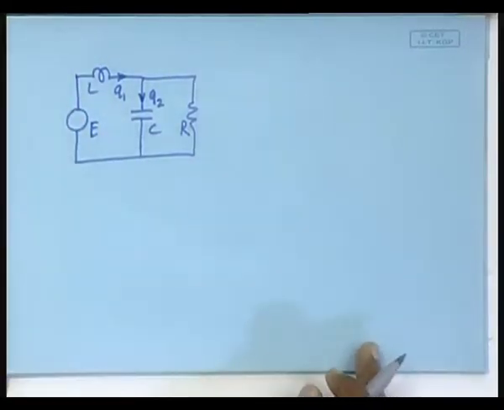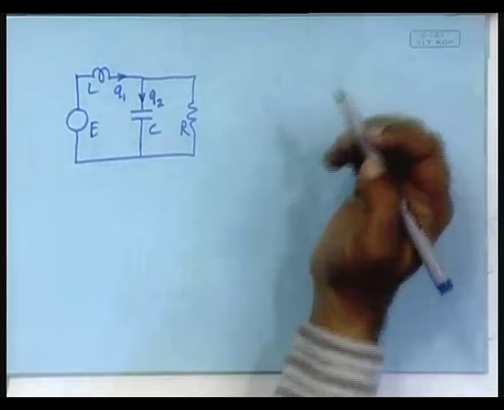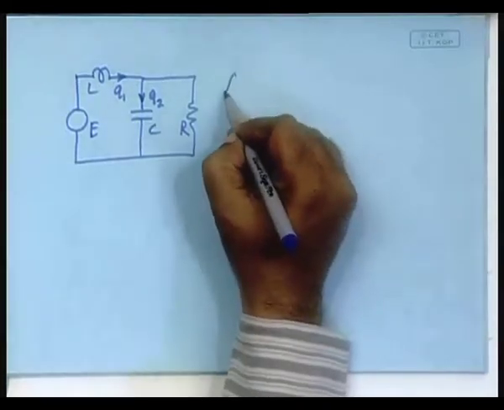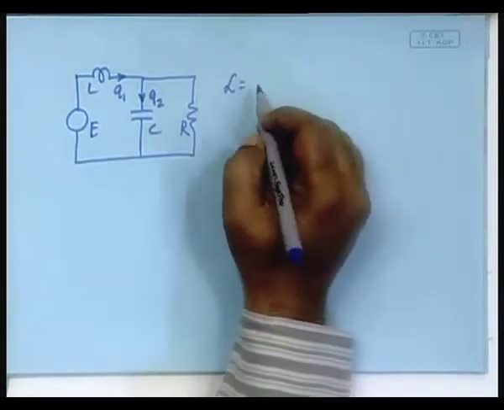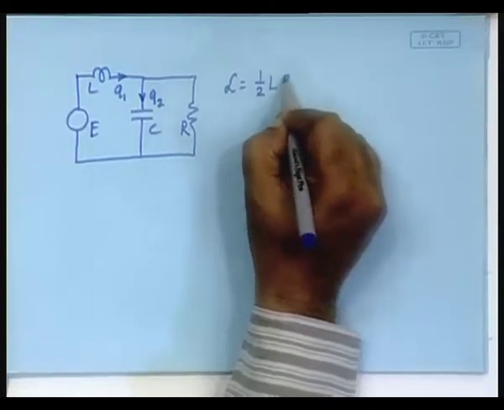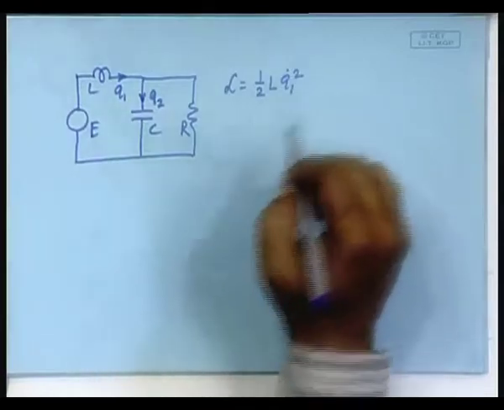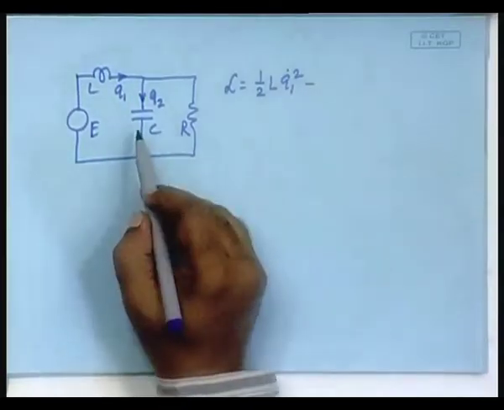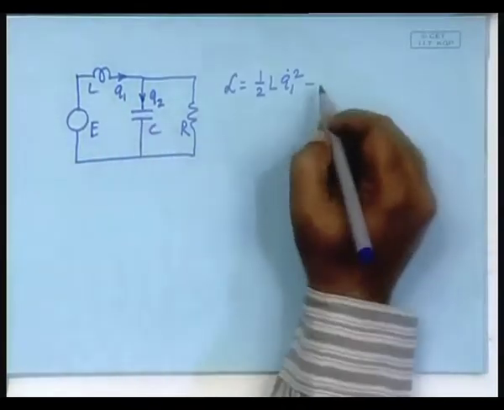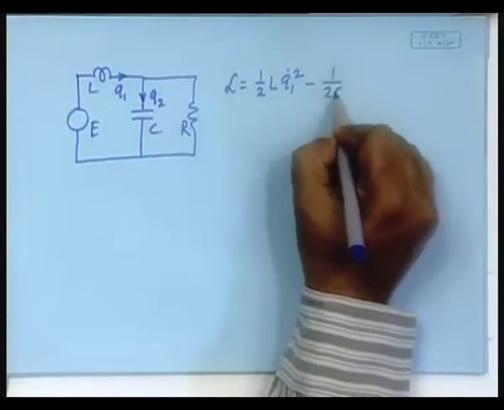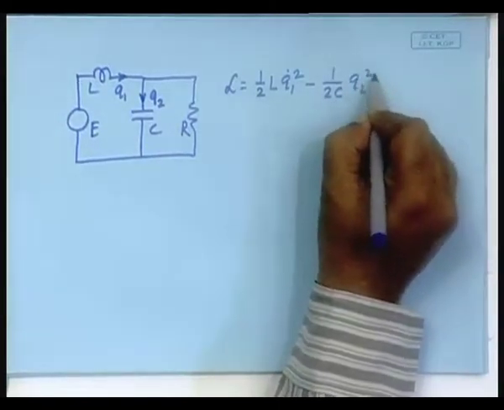Then can you write the Lagrangian and the Rayleigh? The Lagrangian will be, in this case, half L q1 dot square due to this, now minus, due to this it is 1 by twice C q2 square.